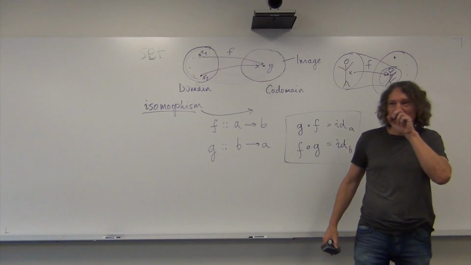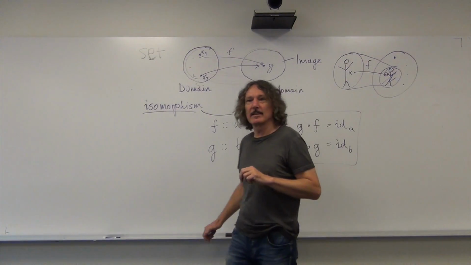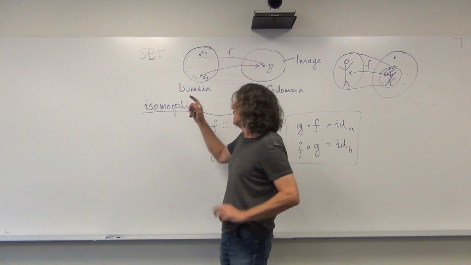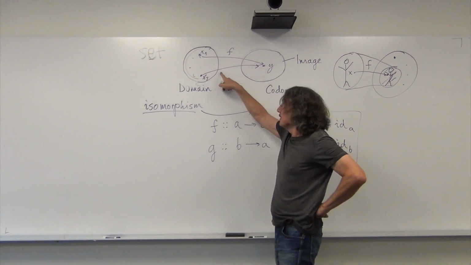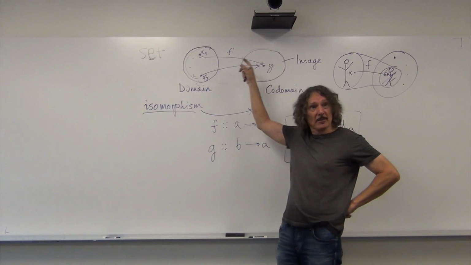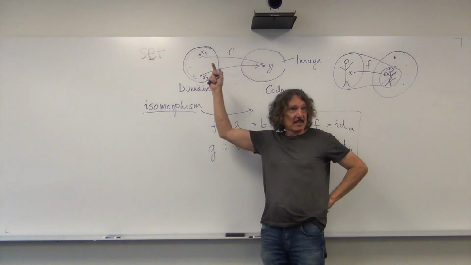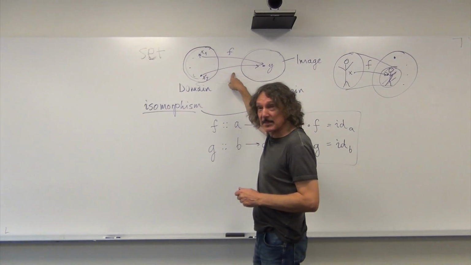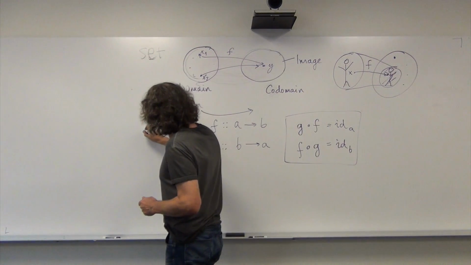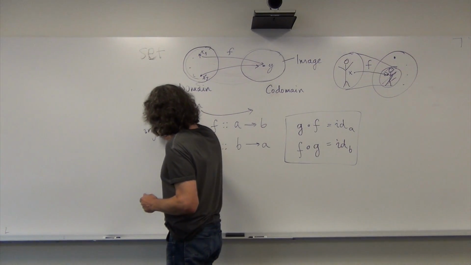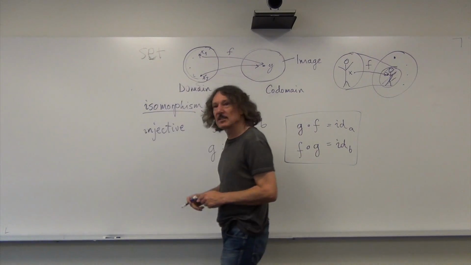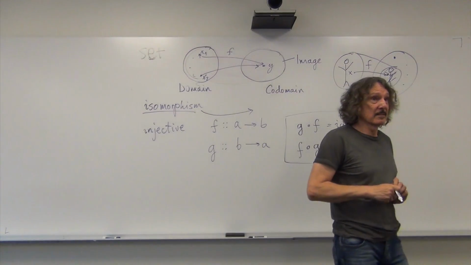But their names are like the inverse of what I described. So they say, okay, if a function does not collapse things, then it's called injective or injection. An injective function does not collapse things, okay?